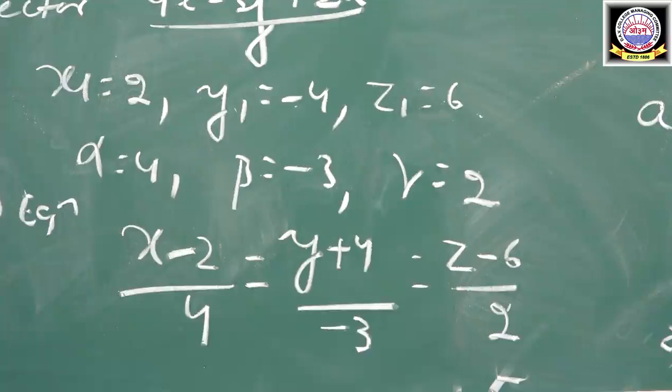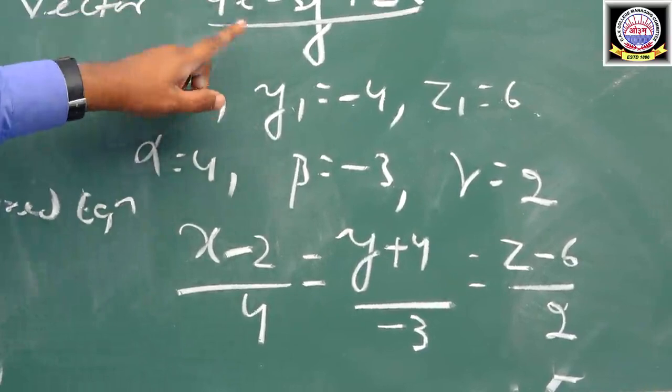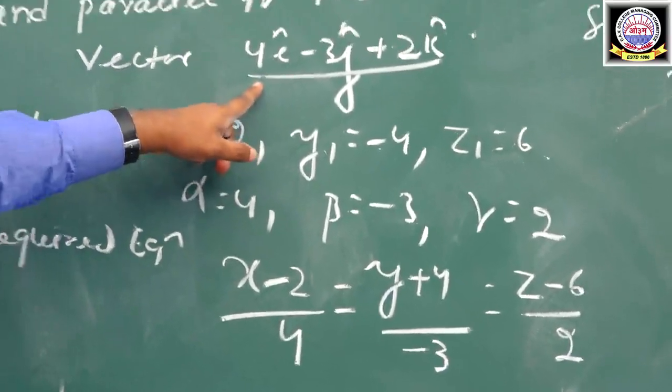Check whether it is correct: it passes through this point and is parallel to the vector.